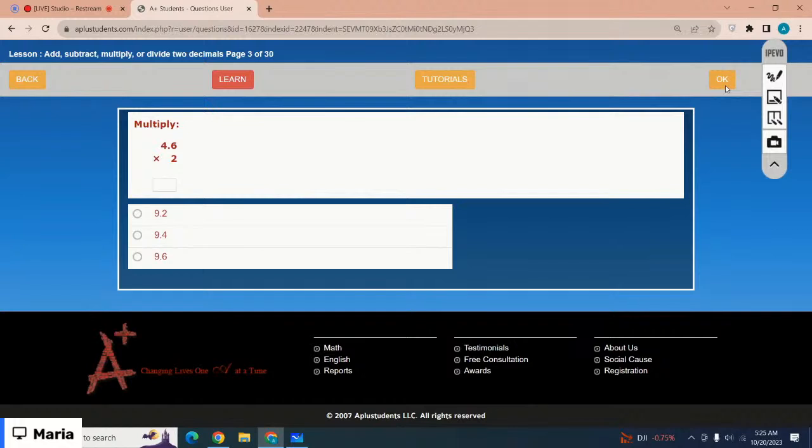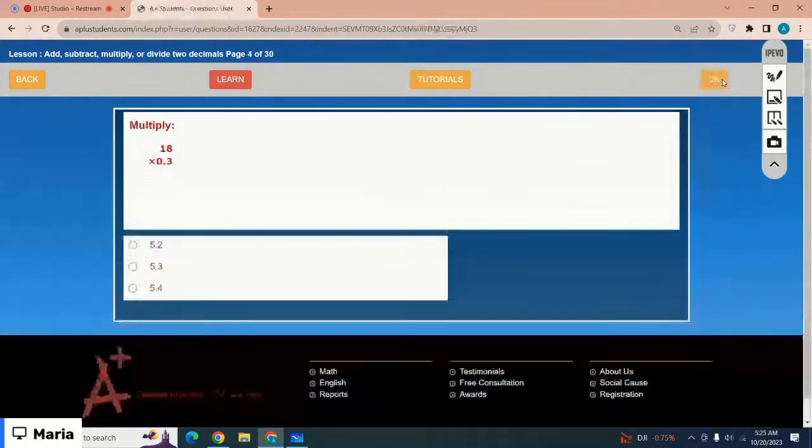Yes, that is 9.2, right? Just simply multiply them and then put the decimal point after one digit, that is 9.2, right?